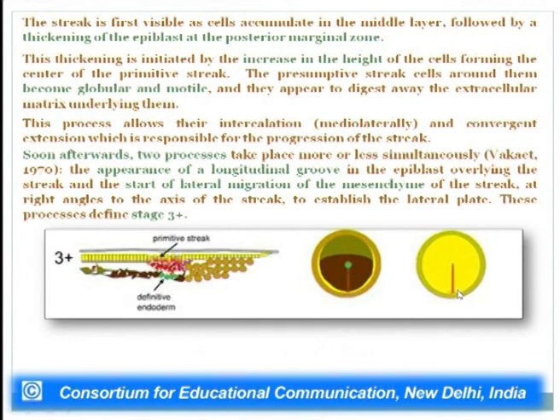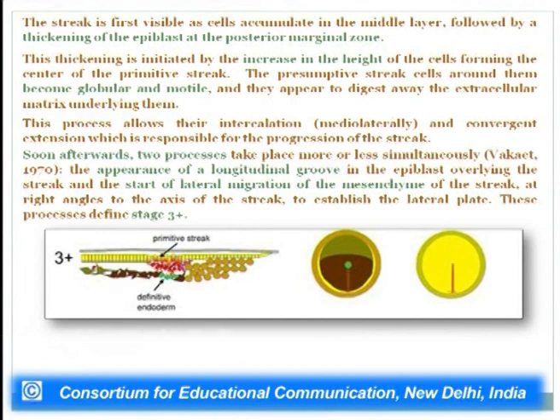The groove has been laid inside, the cells will go inside and come out at right angles. These are the lateral plate mesodermal cells, and at the anterior-most portion, from where the cells are going inside, they will start displacing the endoblast or the secondary hypoblast. These cells are the definitive endodermal cells.